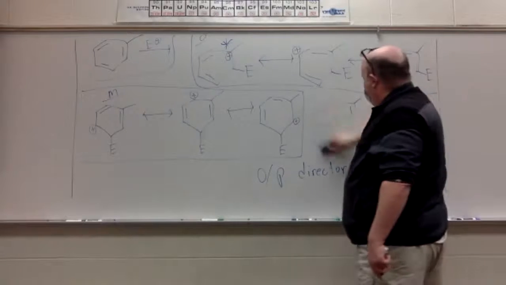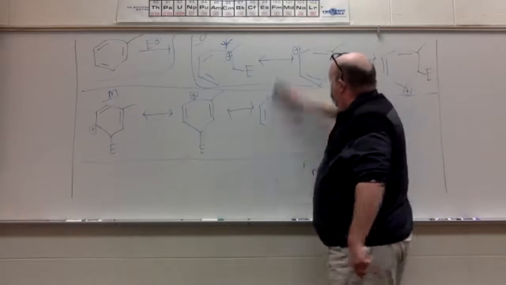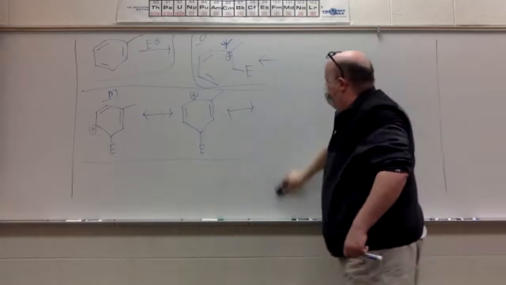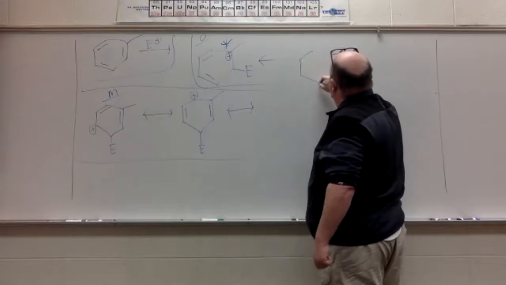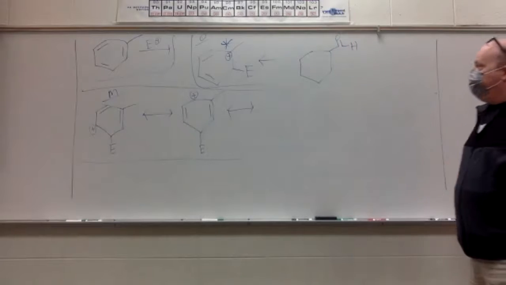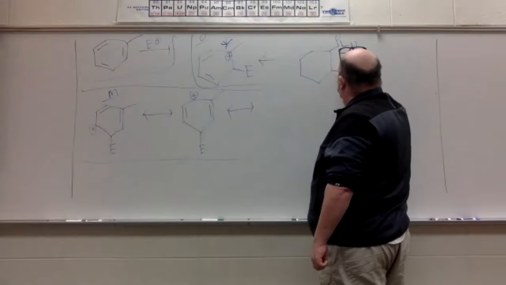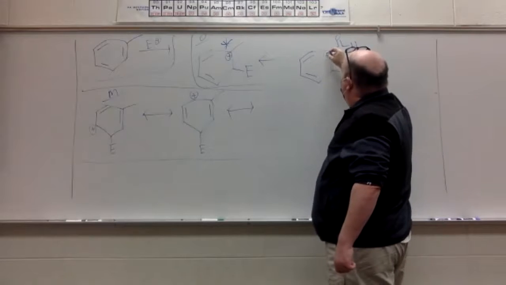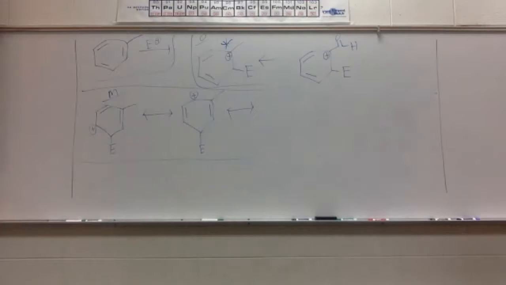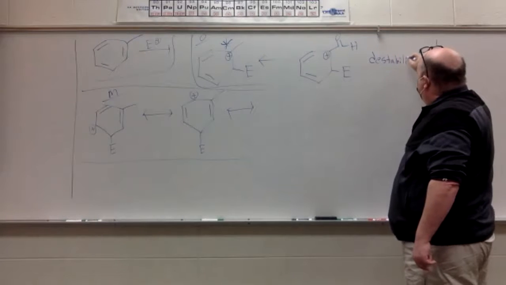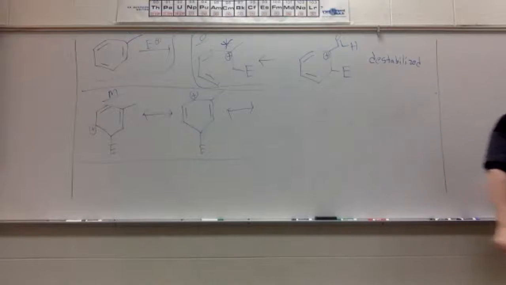I'm not going to draw all of these out, but let's just say we had an aldehyde group up here, and let's say we put an electrophile here. And this was one of our resonance structures. This is an ortho substitution. This structure is destabilized. Why is it destabilized?